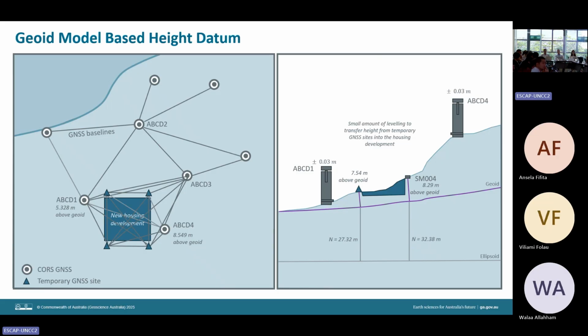This reduces the cost and the need to transport leveling ties over very long distances, which will cut costs and improve efficiencies. So there are some pluses and minuses to a datum that looks like this.